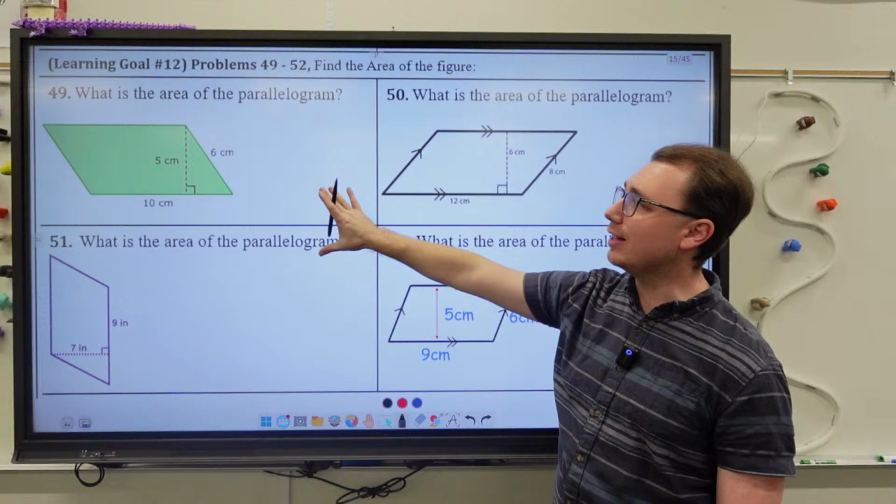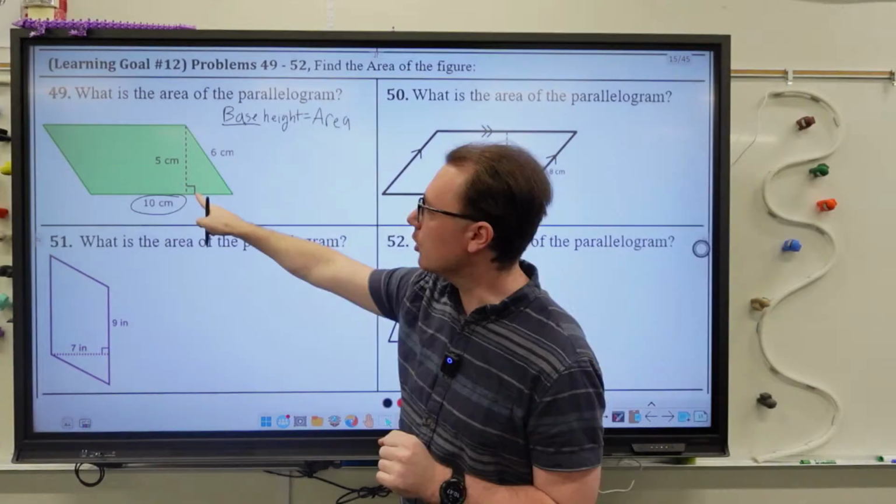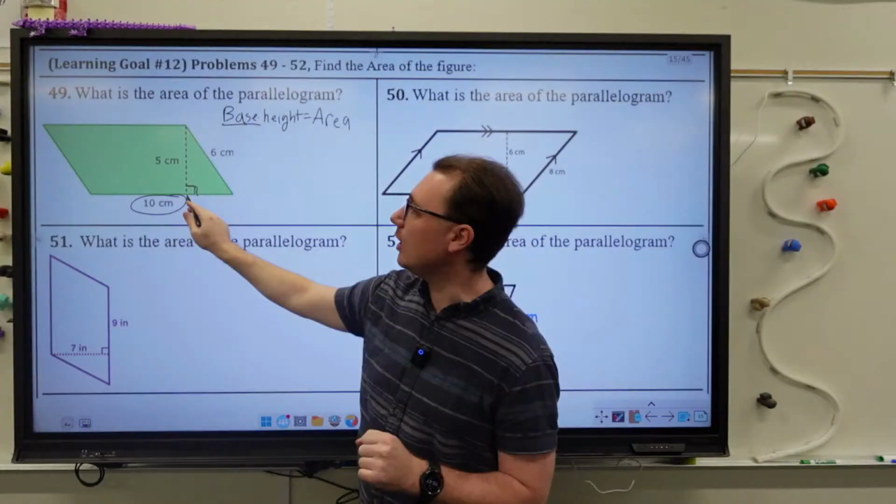Now the base of this parallelogram is going to be this number on the perpendicular side of this height. What I mean by perpendicular is notice that this value of 10 is 90 degrees from this value of 5. We know the base here is going to be 10 centimeters times the height, which is going to be 5 centimeters, because it measures the distance from one edge of the parallelogram to the other edge.